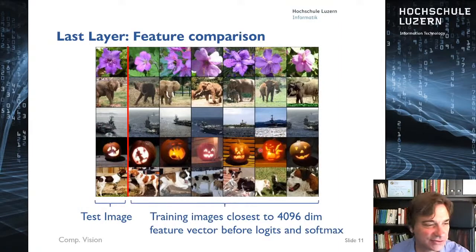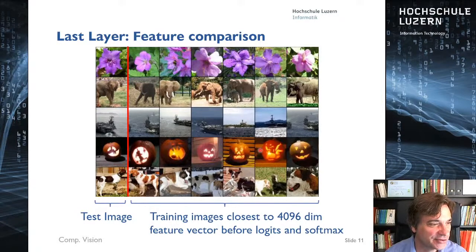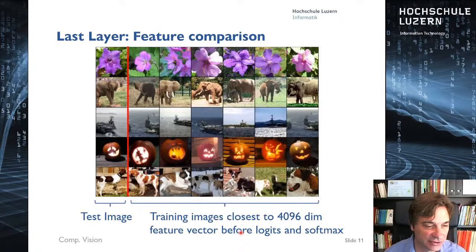What else did they try to do to visualize the network? One idea is feature comparison. So what you can do is you take some image, you look at the last vector before you go to the logits and the softmax. So this is the feature vector actually that the convolutional neural network produces.